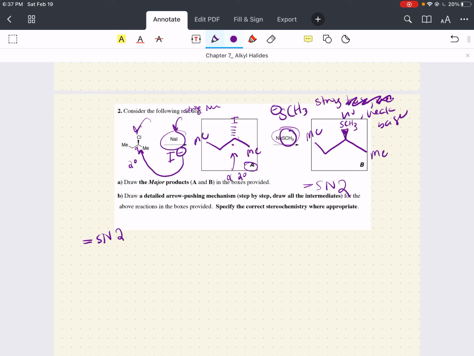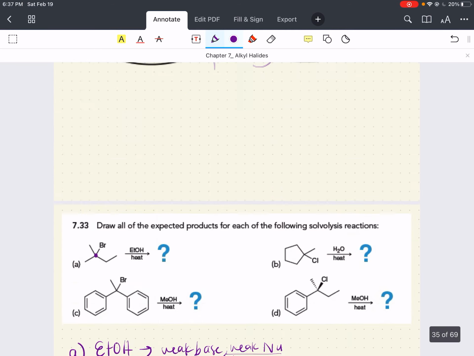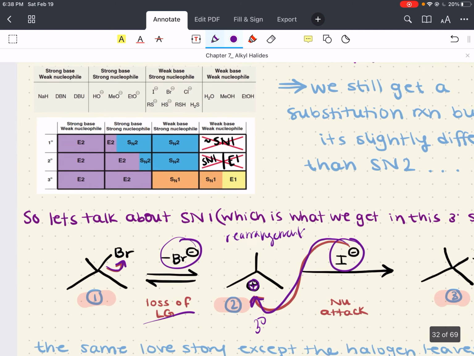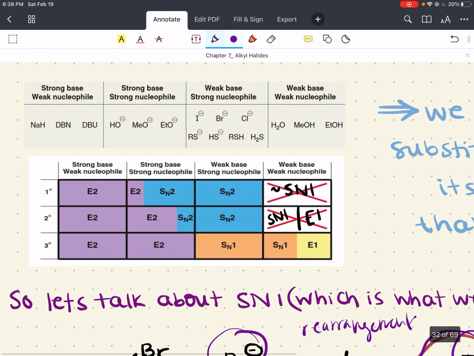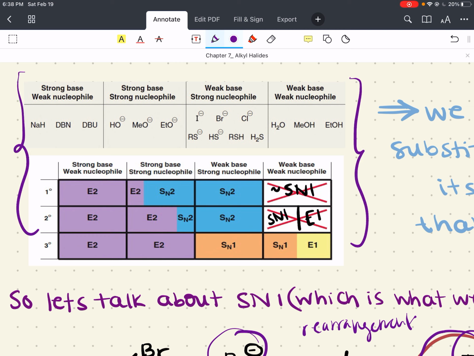Now, you're going to get really good at identifying your nucleophiles and categorizing them. So just make sure you study those tables we've introduced in every single video. Make sure you master this. Memorizing just these two tables right here will allow you to do all of chapter 7 problems.